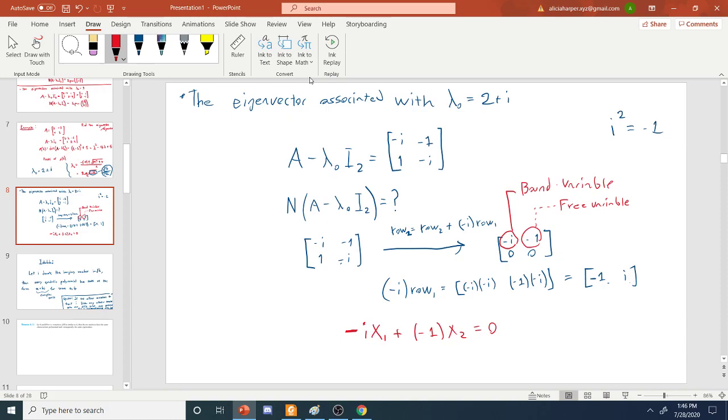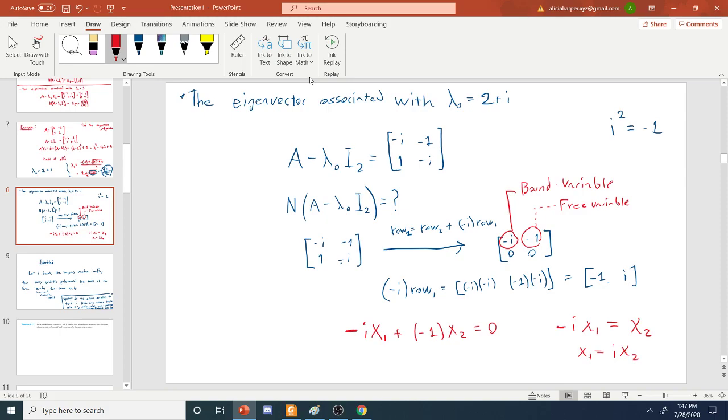And we can express our bound variable in terms of our free variable. And this says that negative i x1 is equal to x2. If I multiply both sides of this equation by i, I'm going to get x1 is equal to i x2.